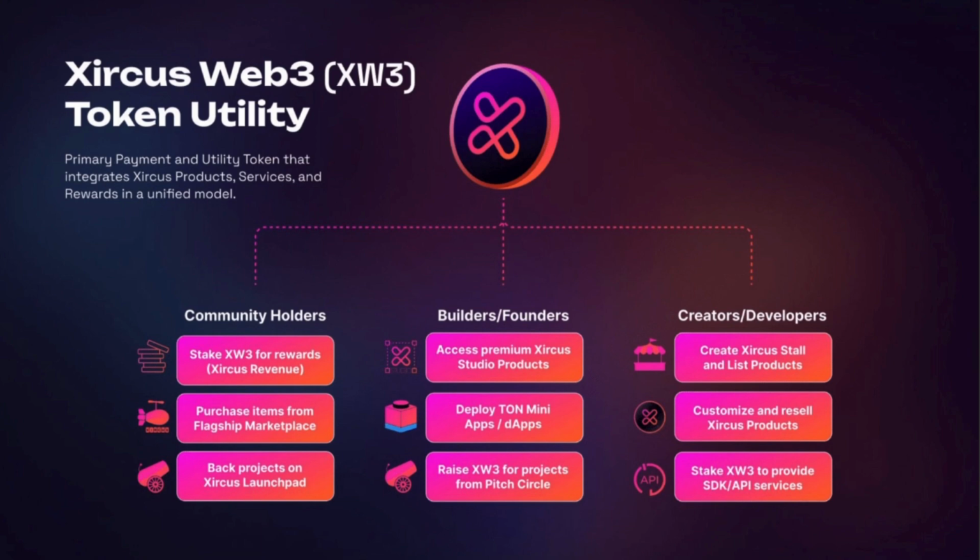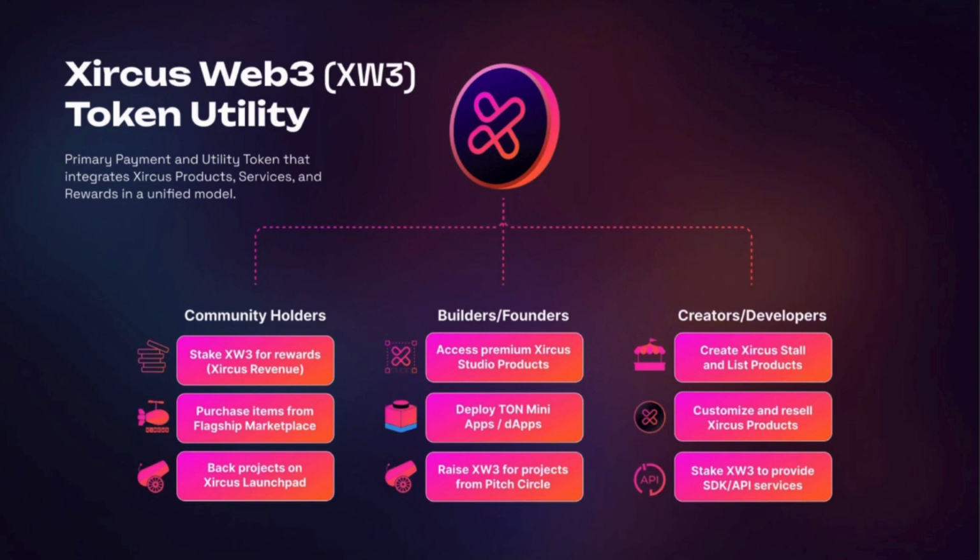So for example, a creator might list a set of exclusive Telegram stickers, which we have seen lately, that are popping up and actually booming on TON. So Telegram stickers are interesting, or an NFT artwork, and selling them for XW3 and earning a profit. And secondly, they can customize and resell Circus products.